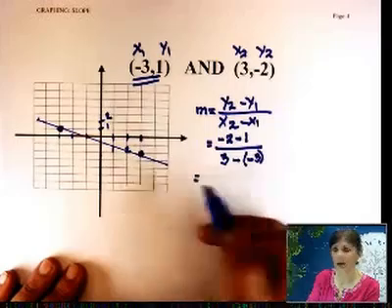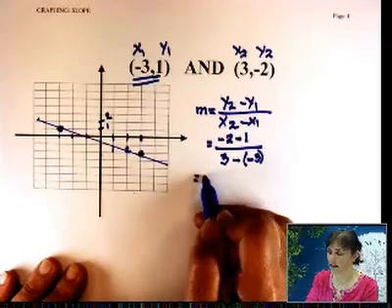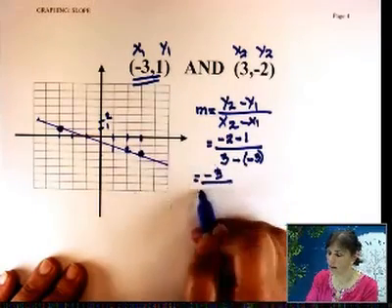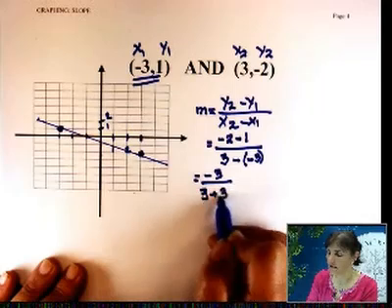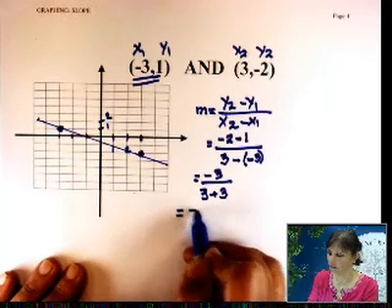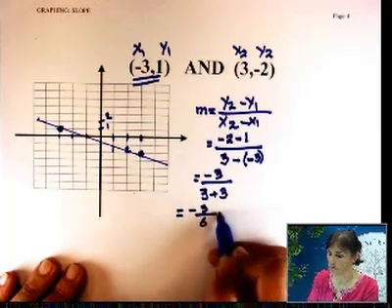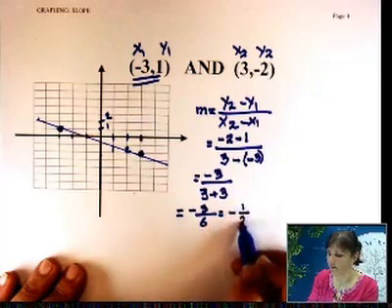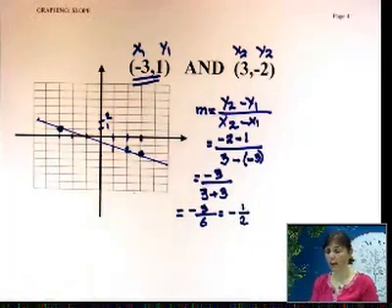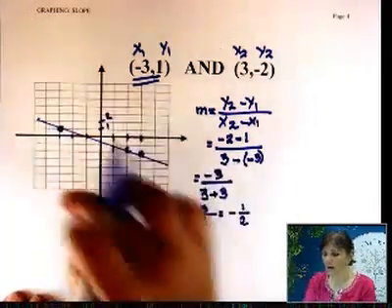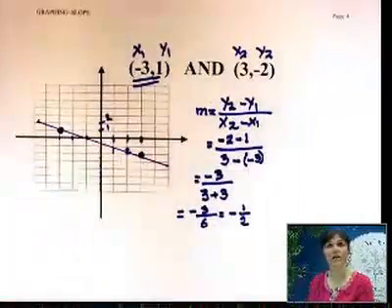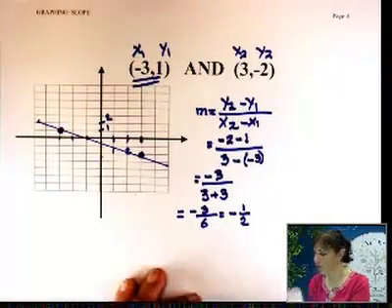Pay attention to double negatives. Negative 2 minus 1, that's negative 3. And this one is 3 plus 3. That gives me negative 3 over 6, which is the same as negative 1/2. 1 rise, 2 run. Does that look like it? 1 rise, 2 run, and it's going down. Yes, that makes sense.